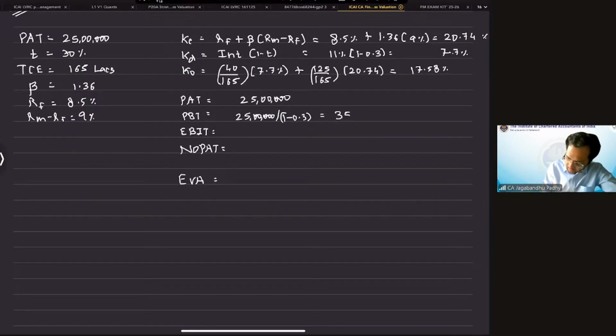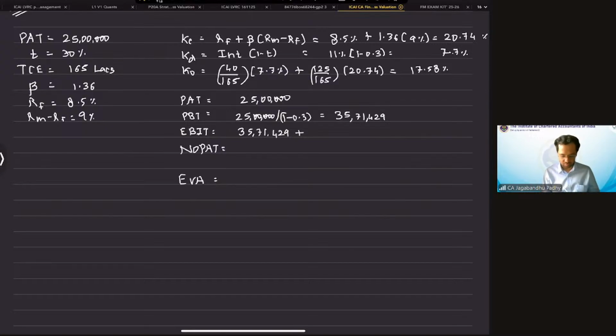That's 35 lakh 71,429. Because it's a PAT, we need to make it a before-tax number, so 25 lakh divided by 70%.